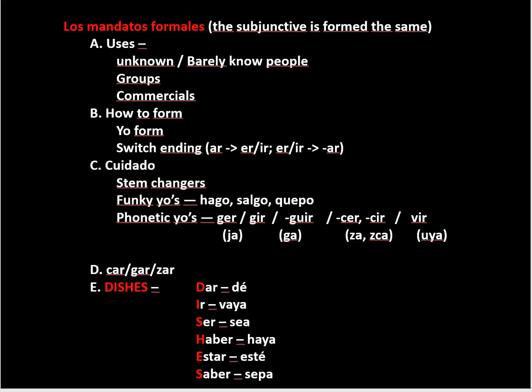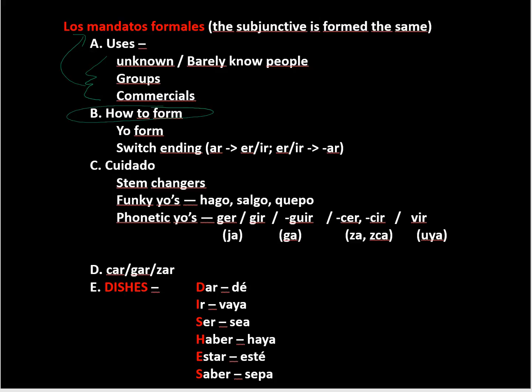Aquí tenemos las conjugaciones del subjuntivo. Okay? It's used just like we do formal commands. Okay? Formal commands we used for this group of people. Now, I pulled this over for how to form.